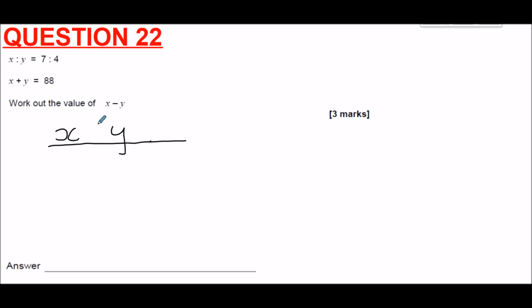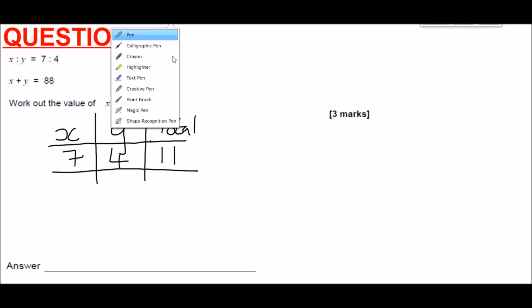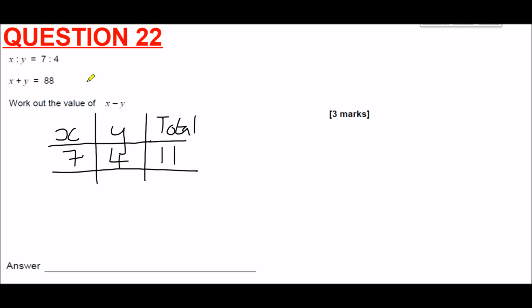Now at the minute, we're told that for every 7 lots of x, we've got 4 lots of y. And at the minute, if we had the total of those two values, 7 plus 4 would be 11. But we know that's not right because we're told that x plus y equals 88.